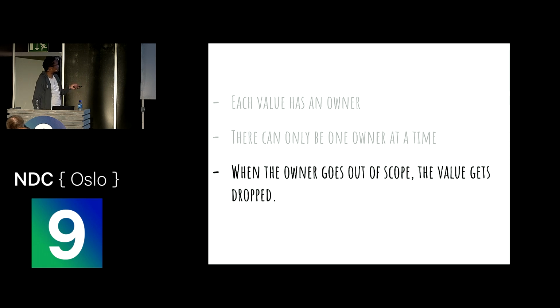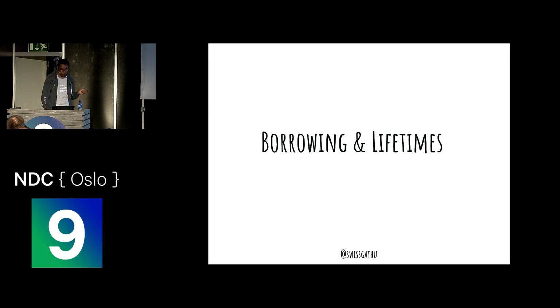So those are the 3 ownership rules. Then we have borrowing and lifetimes. So the idea here is very simple. For you to share data, you have some rules.